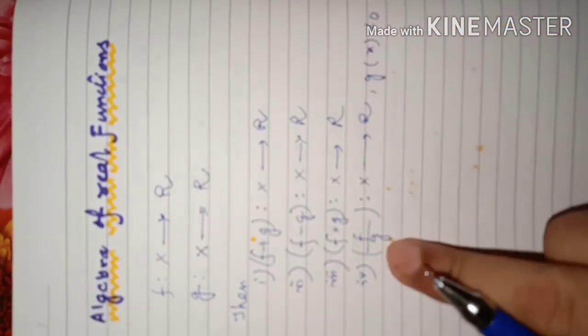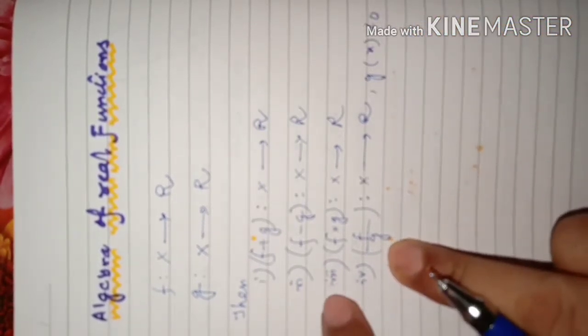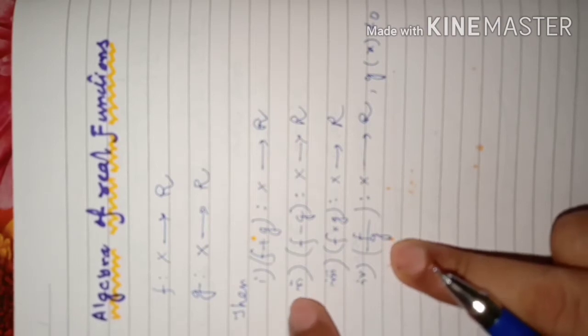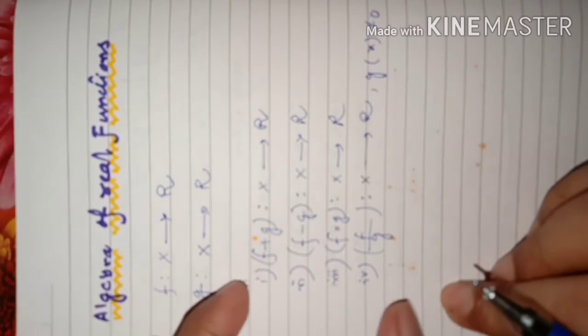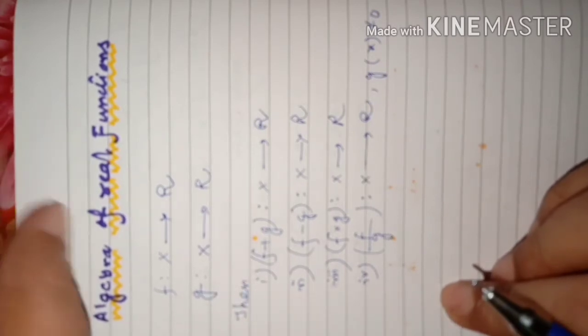This is a quotient function, this is a product function, this is a difference of the two functions, and this is the sum of the two functions. So all these expressions are called algebra of real functions.